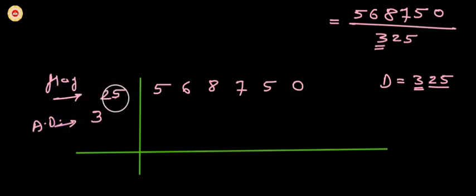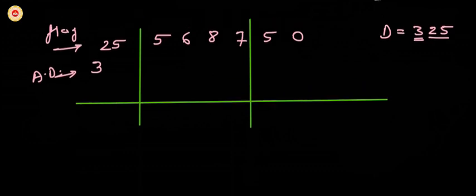Right? Now count the number of digits in the flag. How many digits are there? 2 digits. Draw decimal line after 2 digits from right side, so that number of digits in the flag and number of digits at the right side of this decimal line will be equal. Now let us start division process.